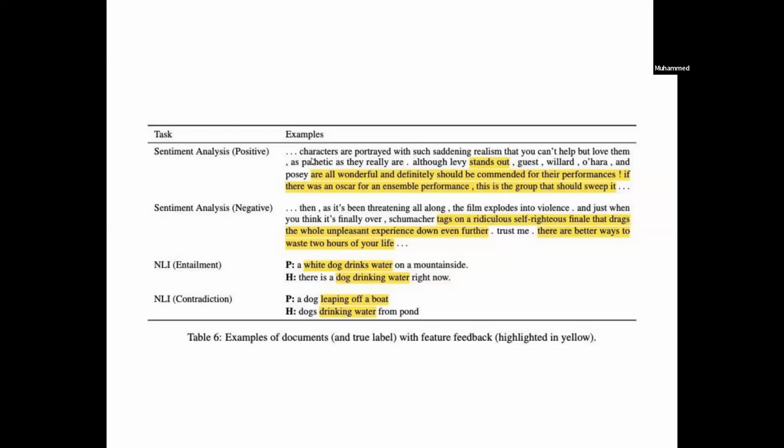So you can see it is highlighting that this part of the sentence is what makes this a positive sentiment. And if you read it, you can affirm that. And here, which is a negative one, you can see the parts it highlighted, where the user is giving its negative sentiment.